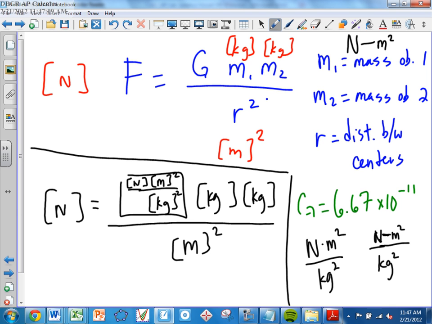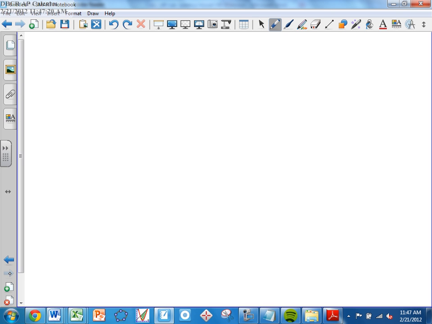So, let's say we have 2 pool balls on a pool table. We'll say there's a stripe and there's a solid. Let's say theoretically that this is the cue ball.